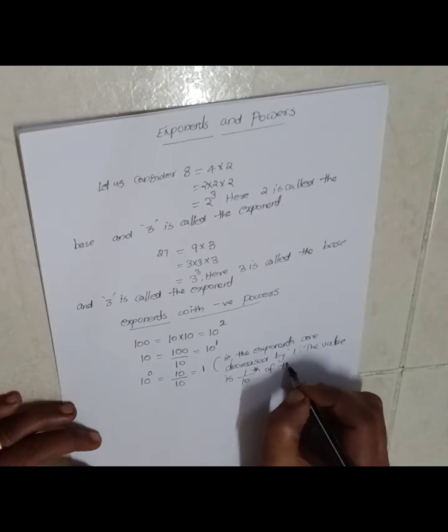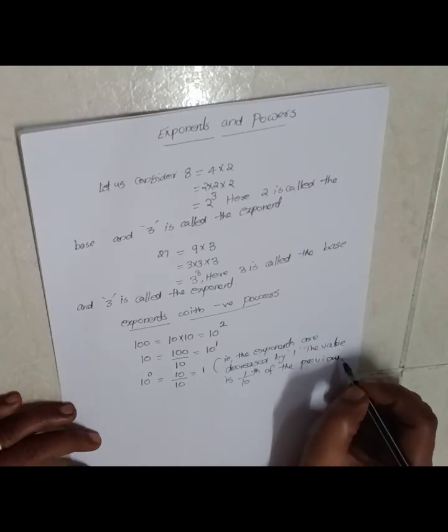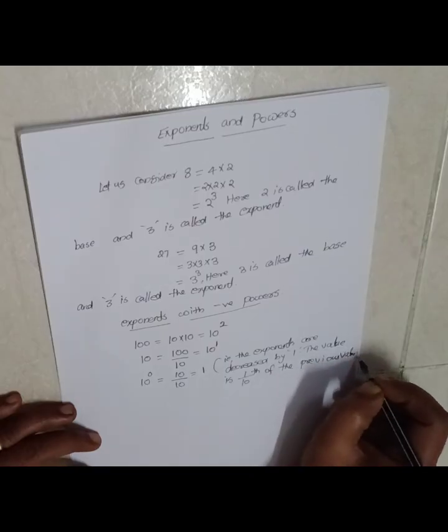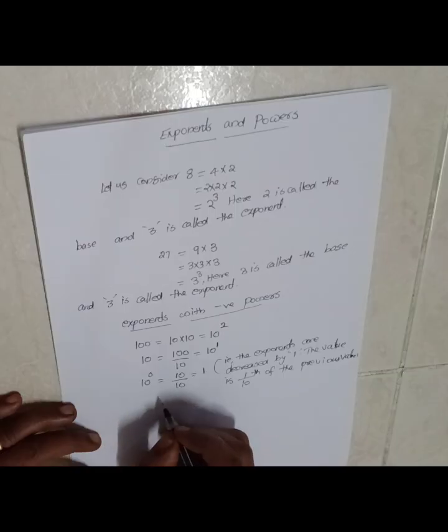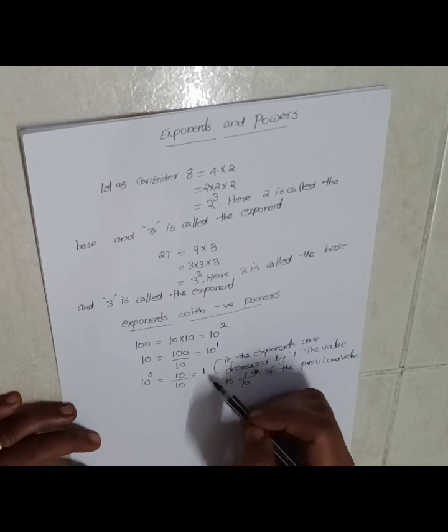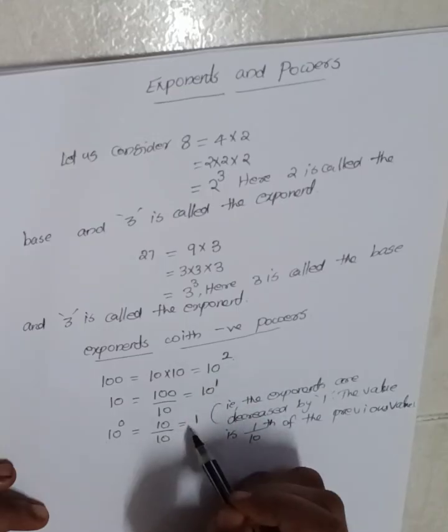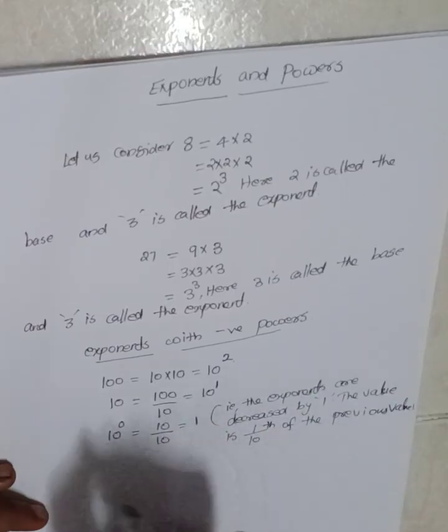Here the exponent's power is decreasing by 1: 10 squared first, second 10 raised to 1, then third 10 raised to 0. That is, the exponent is decreasing by 1. At the same time, the value is decreasing to 1 by 10th of the previous value.